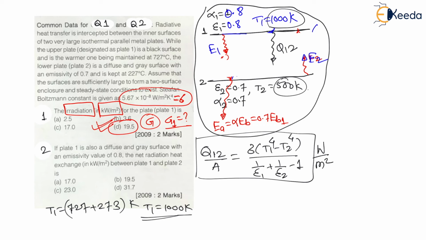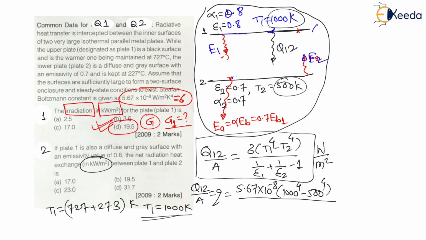So let us find the answer in watt per meter square. Later we will convert into kilowatt per meter square. Therefore Q12 divided by area, which is called heat flux, is equal to sigma, 5.67 into 10 to the power minus 8, into T1 is 1000 power 4 minus T2 is 500 power 4, divided by 1 upon emissivity 1, which is now given 0.8, plus 1 upon emissivity 2, which is already 0.7, minus 1, right?